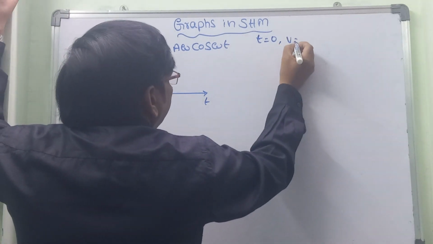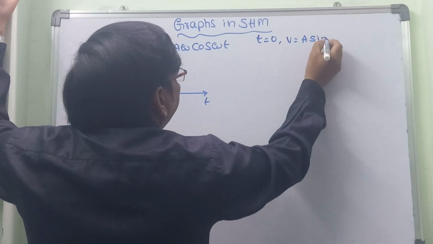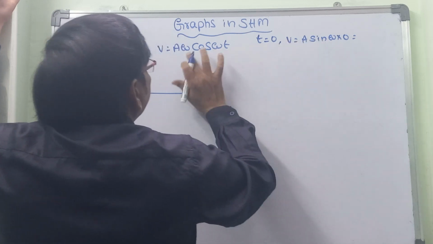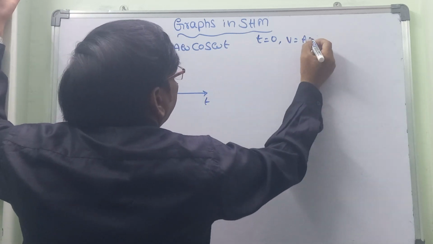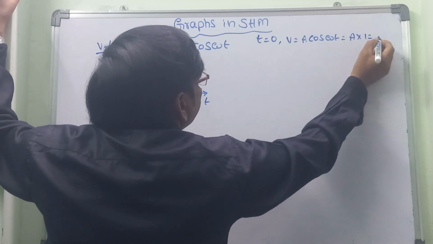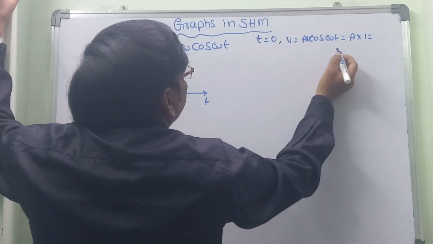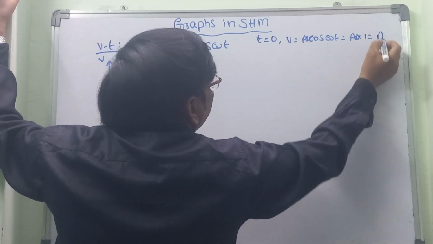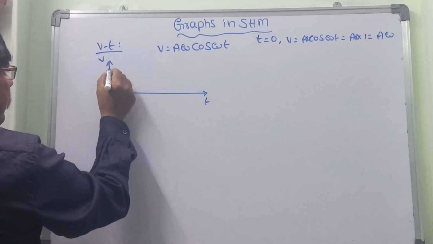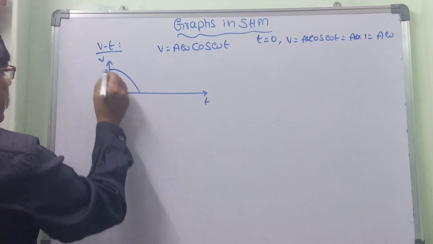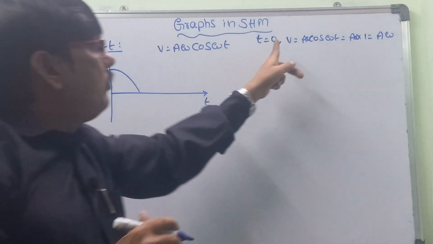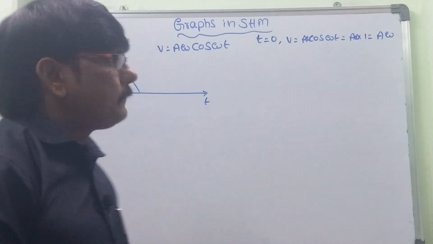Then in the expression v = aω cos ωt, a into cos 0 is 1, so this becomes aω. Ultimately aω means it starts from here. This is aω, because the value we got is v = aω.